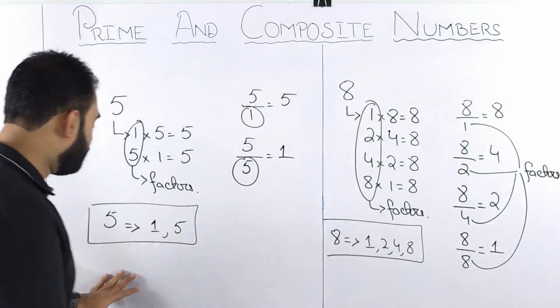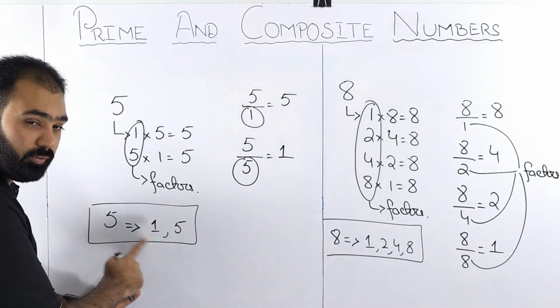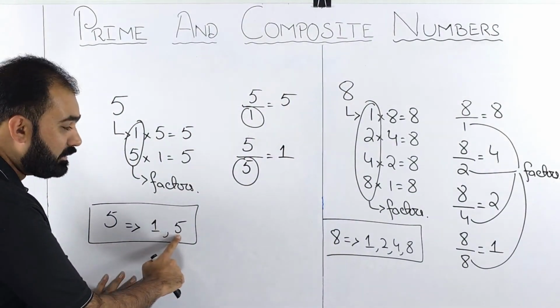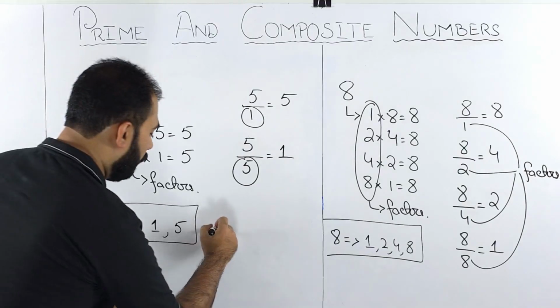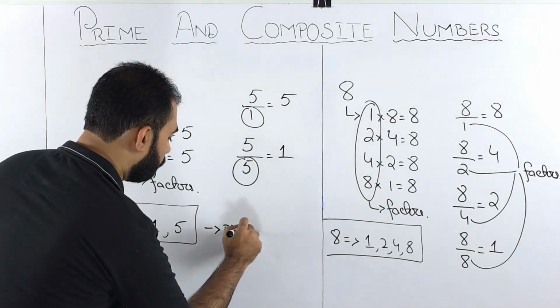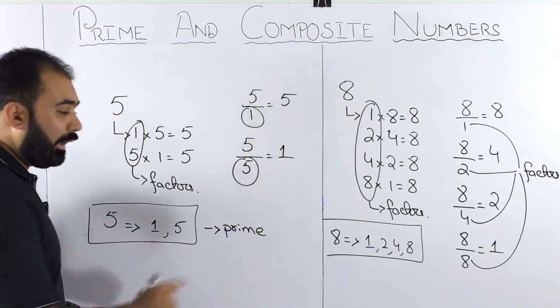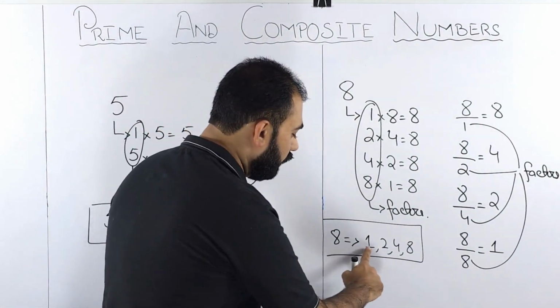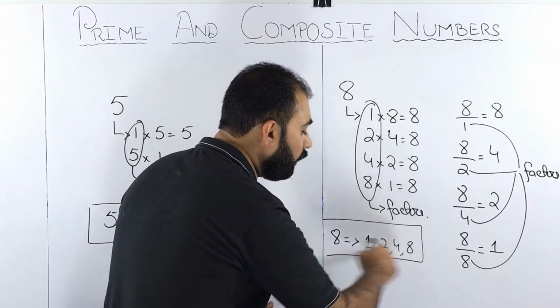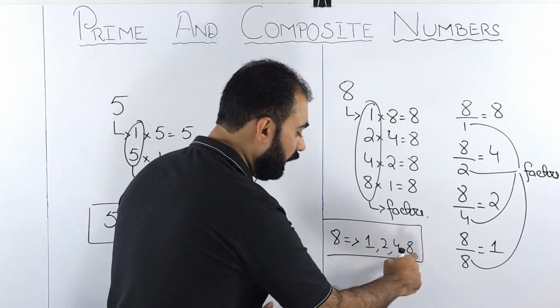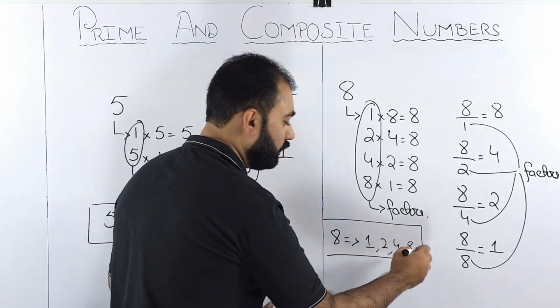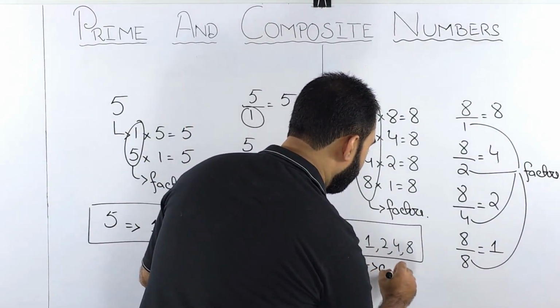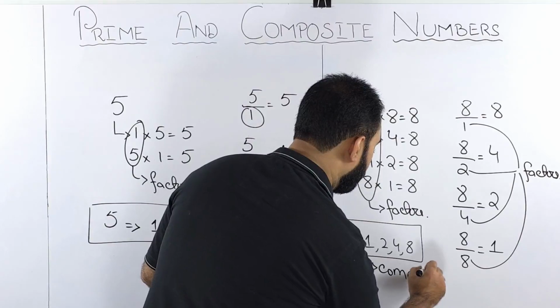In this scenario, we can see that 5 has only two factors, 1 and itself. So this makes 5 prime. And in this case, we can see that 8 has 1, 2, 4, 8, four different factors. Besides 1 and itself, it has other factors. So this makes 8 a composite number.